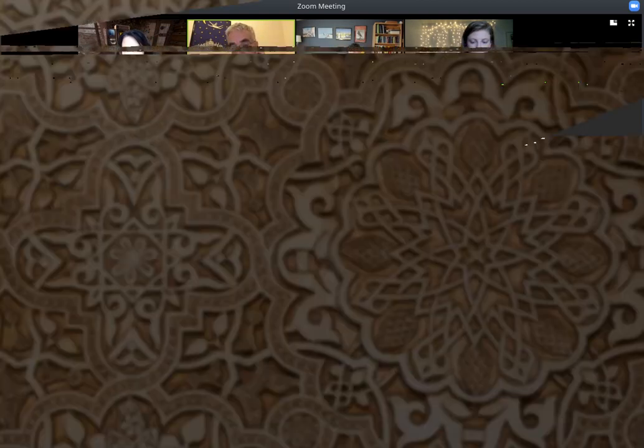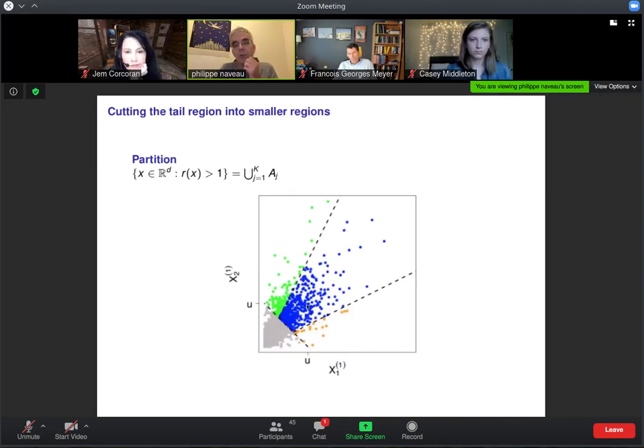So now we are going to add one more thing in our strategy: if I've chosen an R, like X1 plus X2 greater than U, then I'm going to divide the space into different regions.